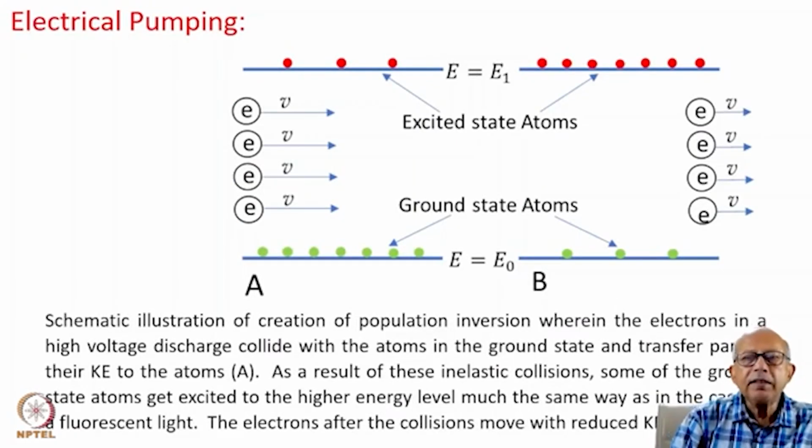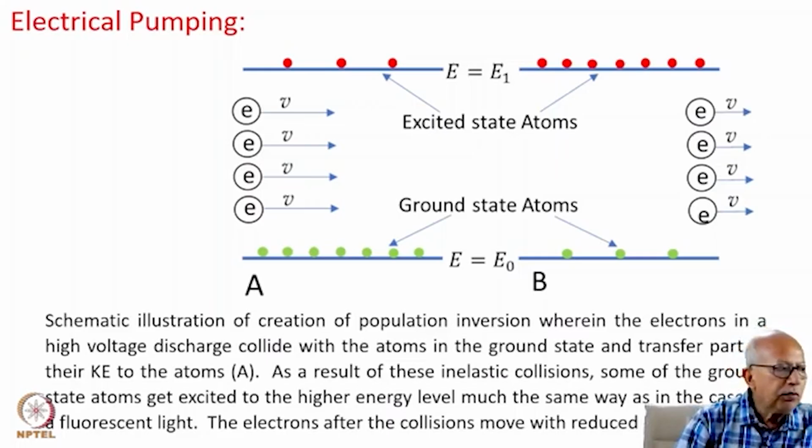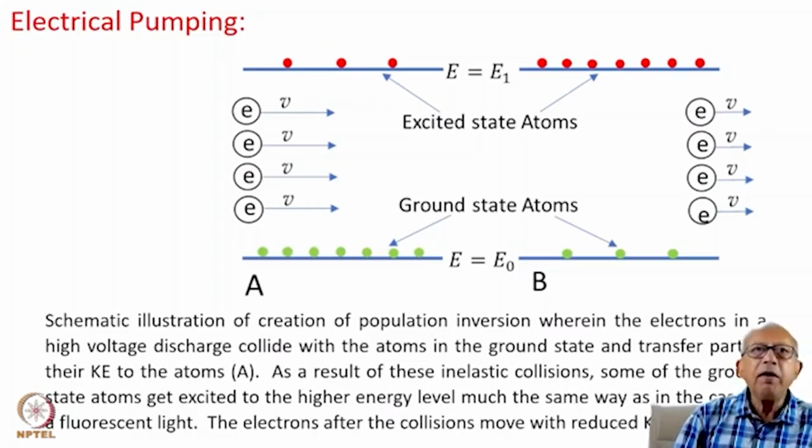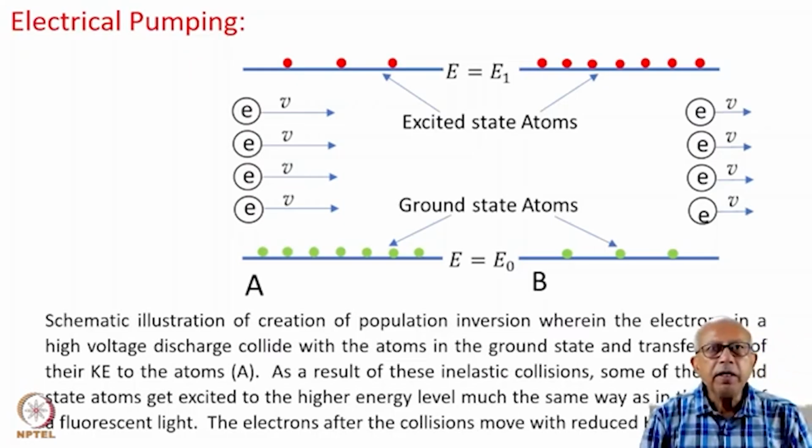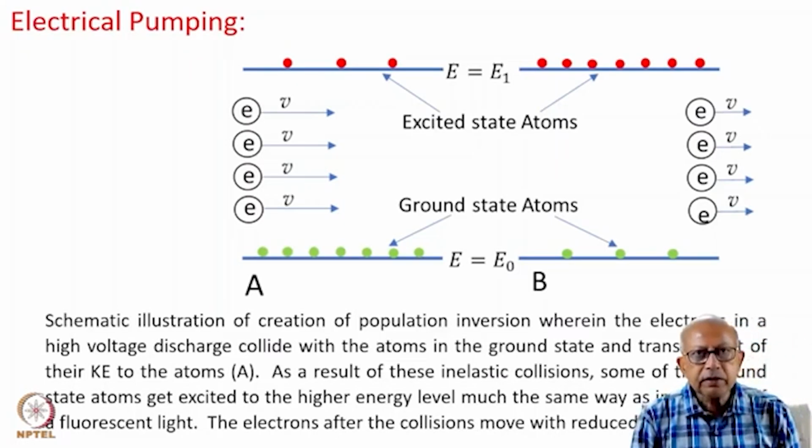In a majority of gas lasers, excitation of the species from the ground to the higher energy state is achieved by taking advantage of the avalanche of electrons created in a high voltage discharge, much the same way as in a fluorescent light. But why in gas lasers?